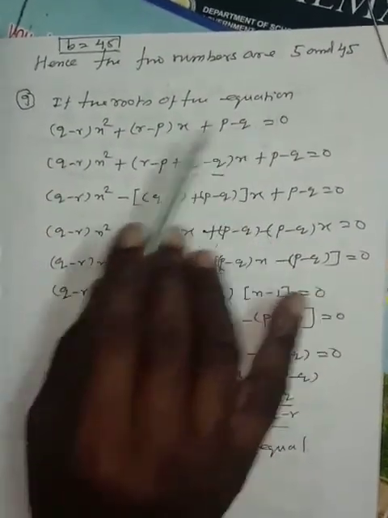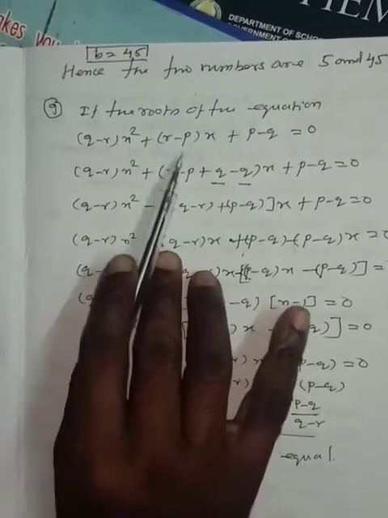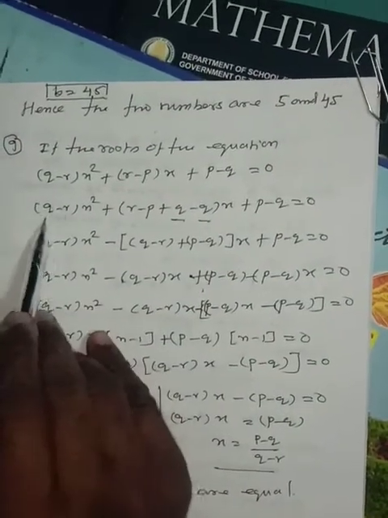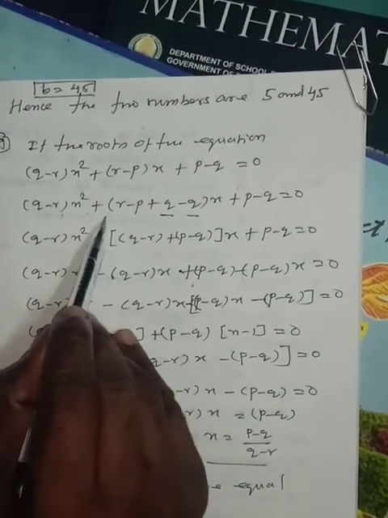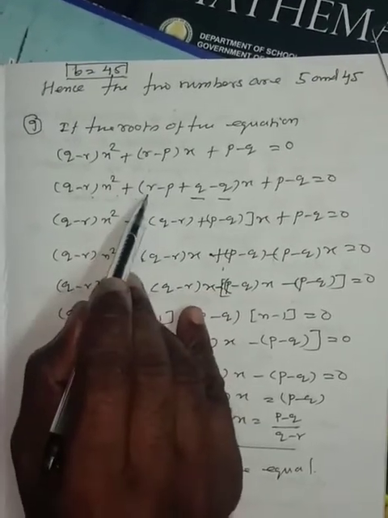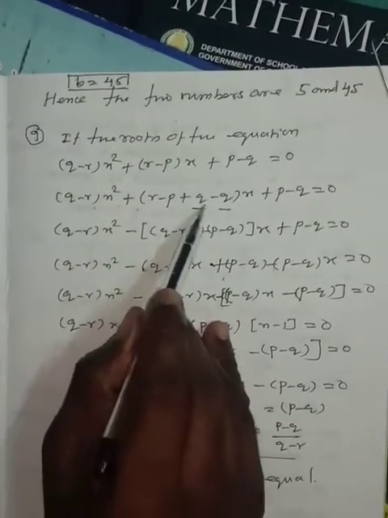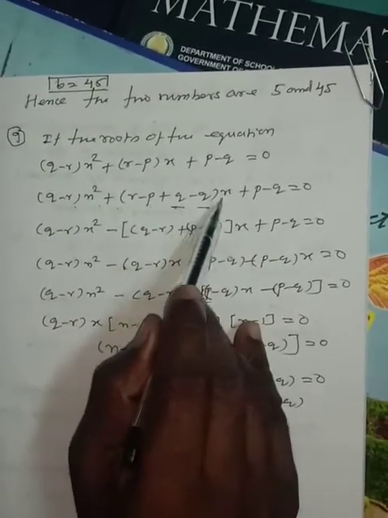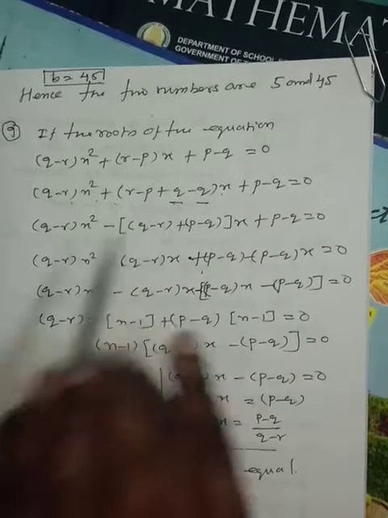Question number 9. If the roots of the equation (q minus r) x square plus (r minus p) x plus (p minus q) is equal to 0. Now (q minus r) of x square, plus, add q, subtract q in this bracket, we get (r minus p plus q minus q) of x plus p minus q is equal to 0.